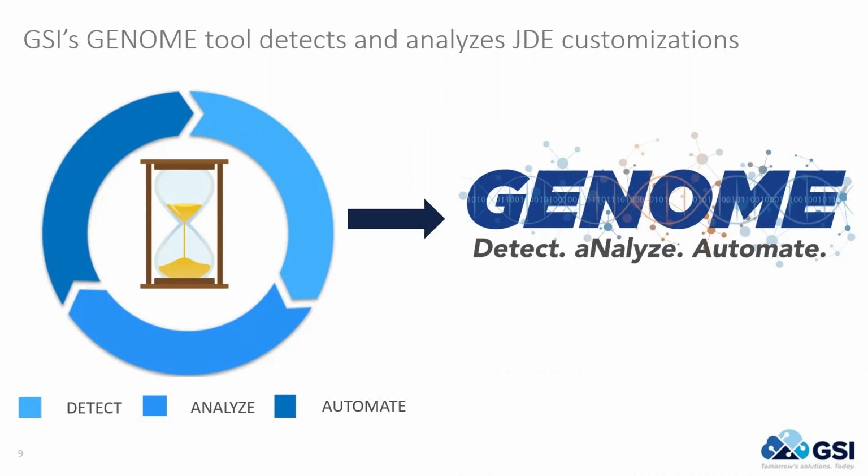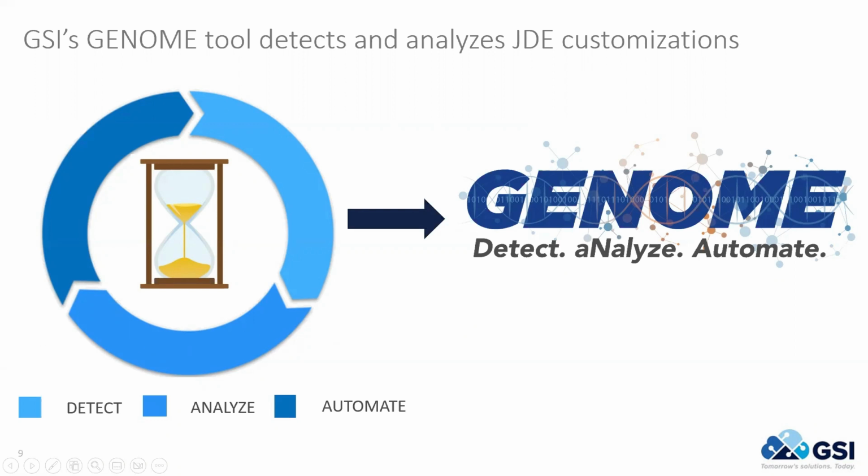It is not an automatic tool to convert your JDE customizations into orchestrations, but it does, as you will see, help you analyze and detect where your changes are, what customizations are out there, and which ones can and cannot be converted over, thus automating the overall process. Actually, that's why the DNA, or the genetics of it, comes in with the name Genome with JD Edwards.